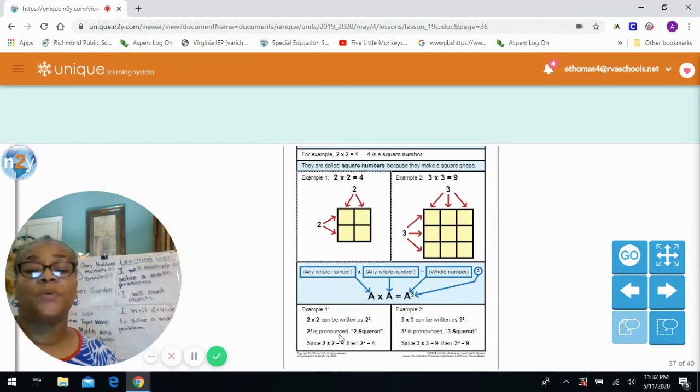Since 2 times 2 equals 4, then 2 squared equals 4. Same with 3. 3 times 3 can be written as 3 squared. Since 3 times 3 equals 9, then 3 squared equals 9.